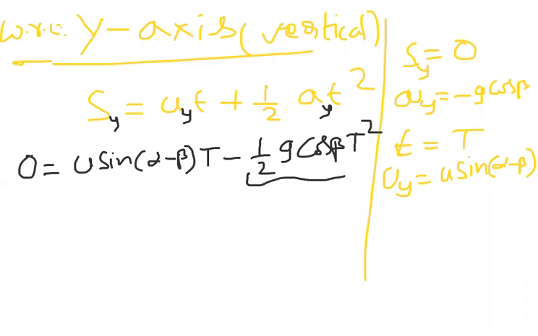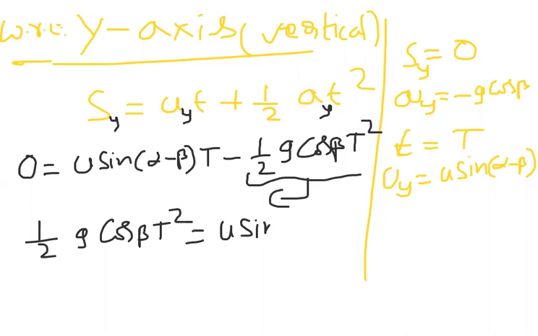I am taking this term to the other side: g cos beta T square is equal to u sine of alpha minus beta into T. Now happily we can cancel the T, the time of flight, and the square term.